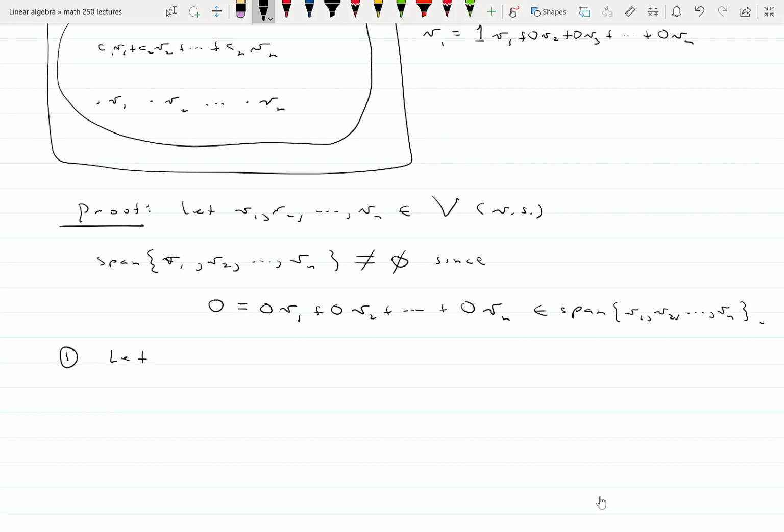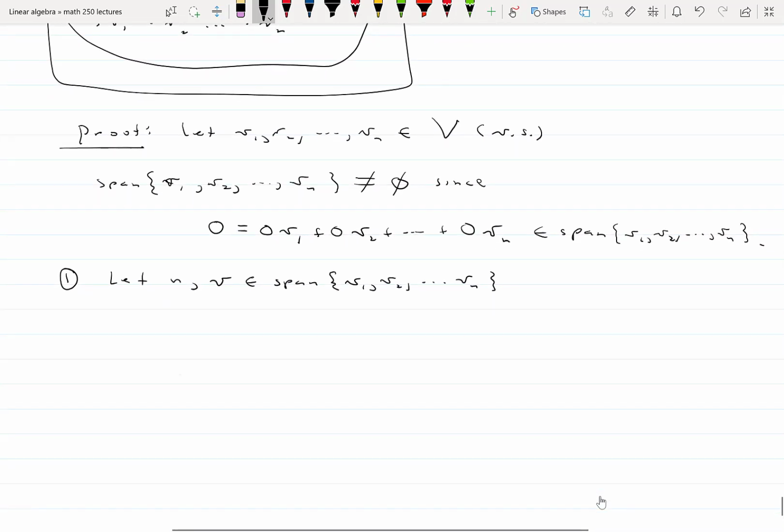So pick two things out of the span. Let u and v be elements of the span of v1 all the way up to vn. I want to show that the sum of those two is in there.